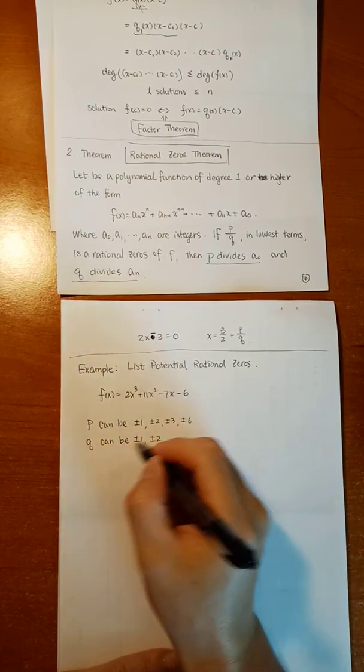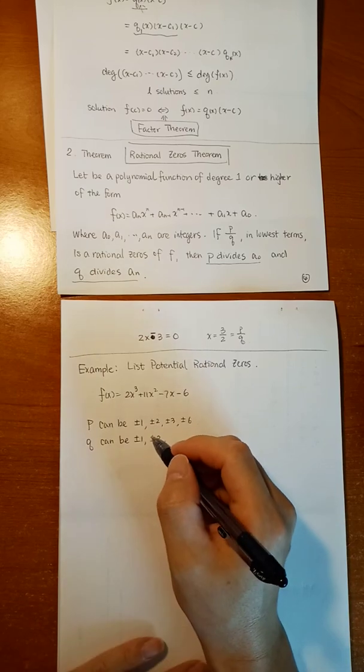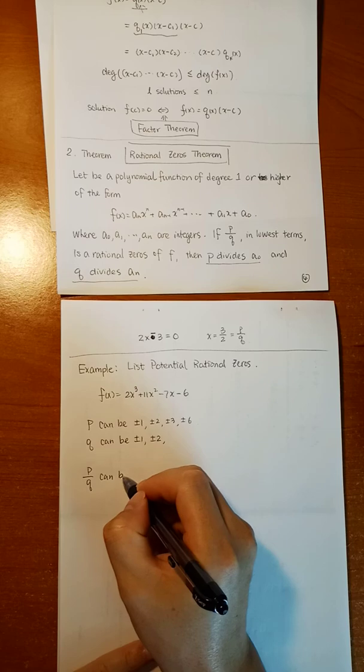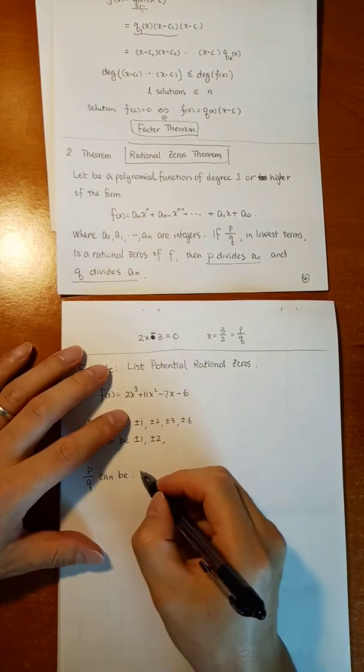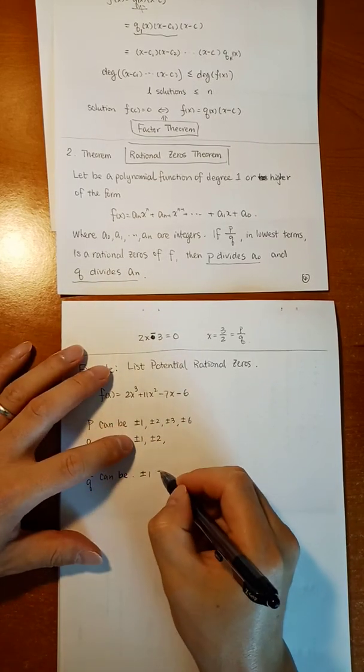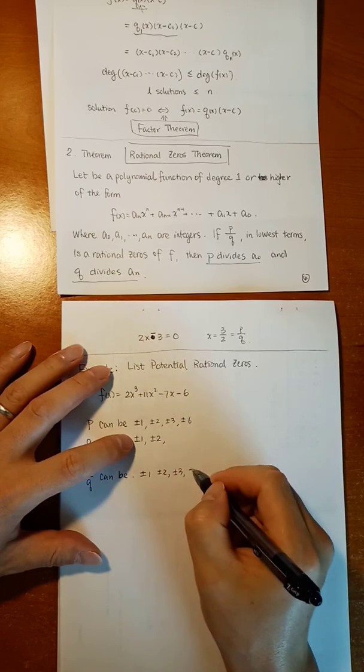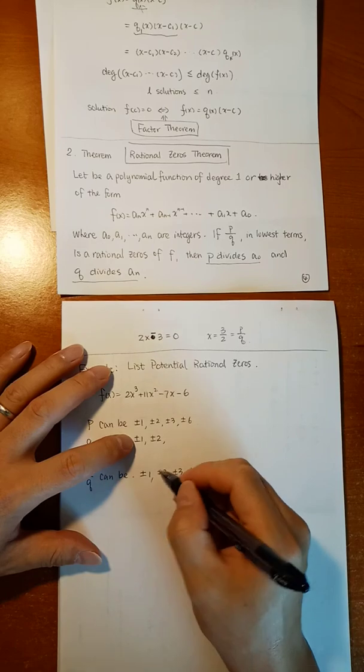Okay, then once you've got all possible values for P and Q, P over Q can be, well, let's check. 1 over 1, plus or minus 1; 2 over 1, plus or minus 2; 3 over 1, plus or minus 3; 6 over 1, plus or minus 6, always plus or minus.